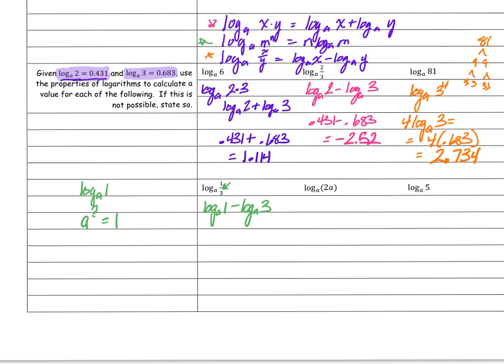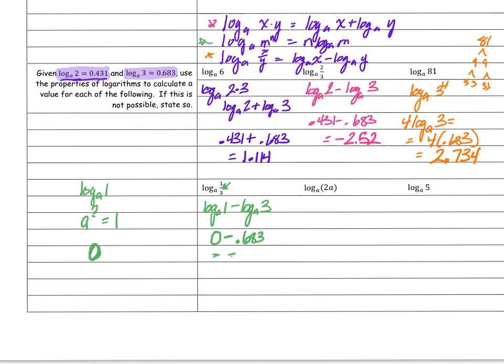Well, A to what power equals 1? Who can remember what that is? Well, it would be 0. Remember, anything to the 0th power is 1. So log base A of 1 is 0. Minus log base A of 3 is what? 0.683.